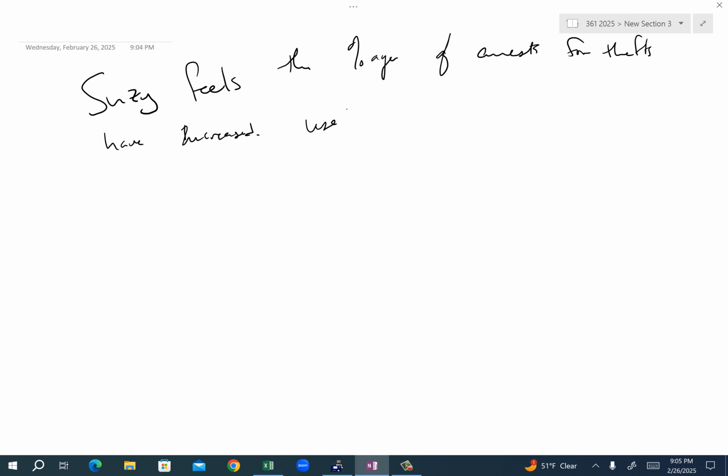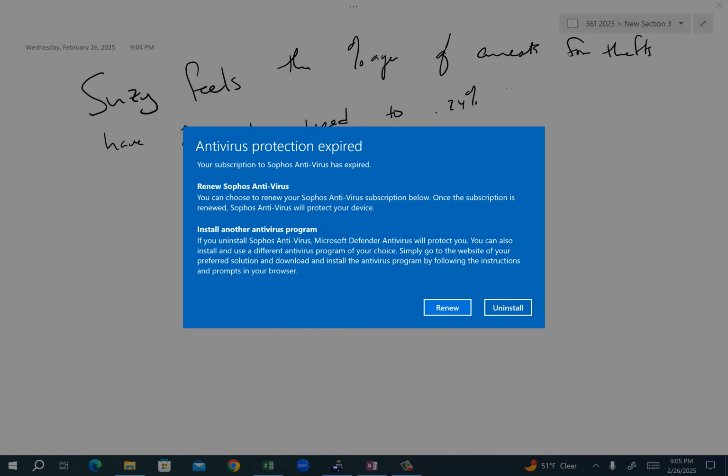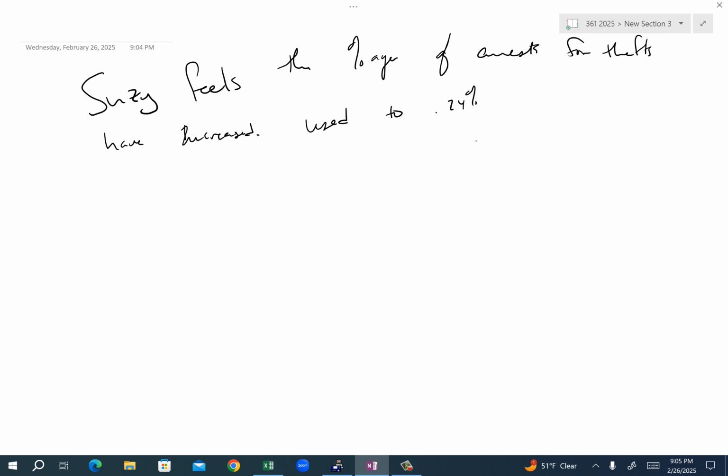It used to be that 24% of all arrests were for theft.